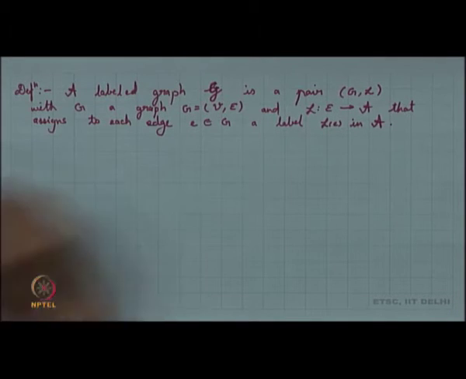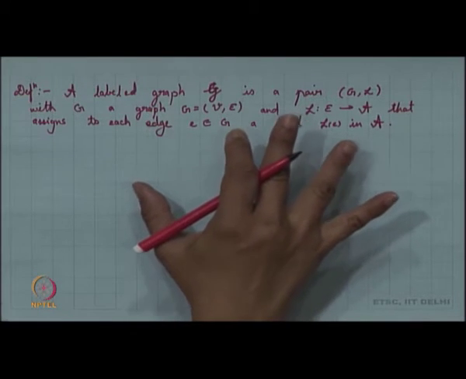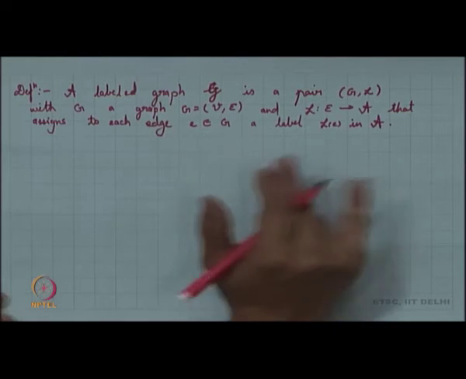Now, what does that mean is, now that we have a graph and in the graph we have labeled each edge. Now, look into the edge shift there.